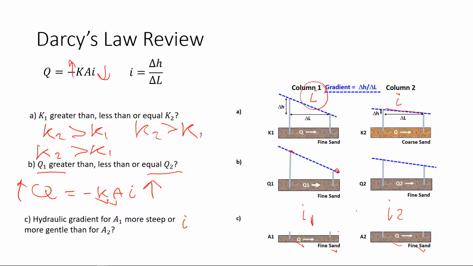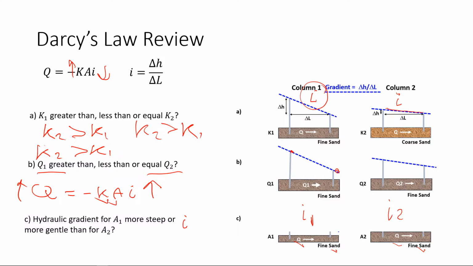Is I1 equal to, larger than, or smaller than I2? Is this more steep or less steep? Pause the video, think about it, use the same analogy here, and then let me know.